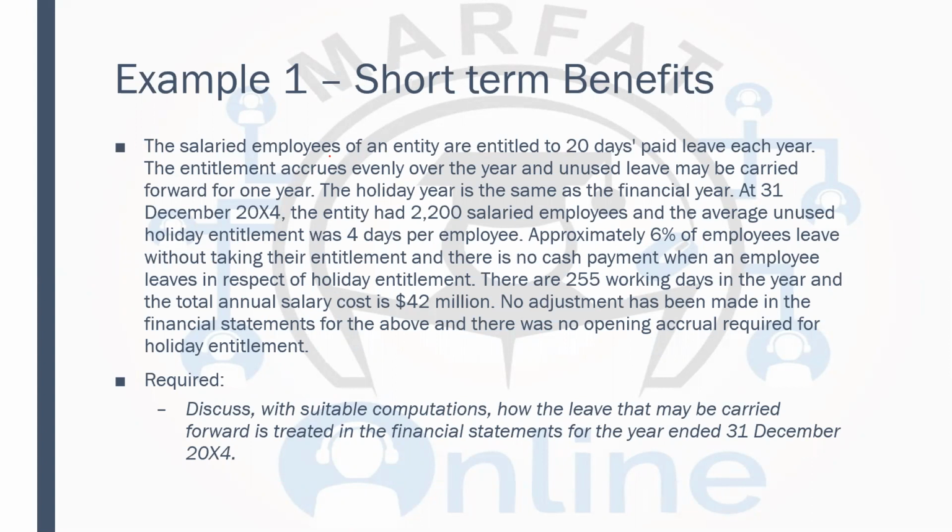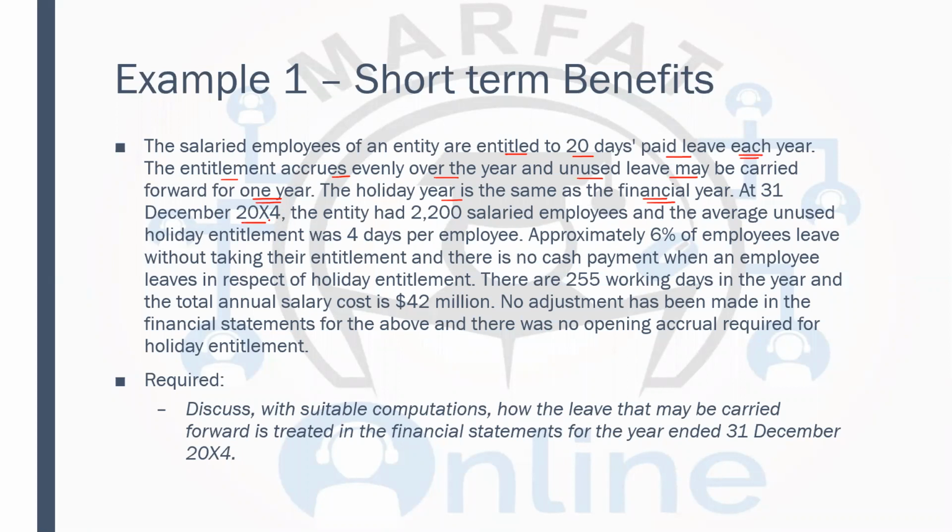The salaried employees of the entity are entitled to 20 days paid leave each year. The entitlement accrues evenly over the year, and unused leave may be carried forward for 1 year. The holiday year is the same as the financial year.